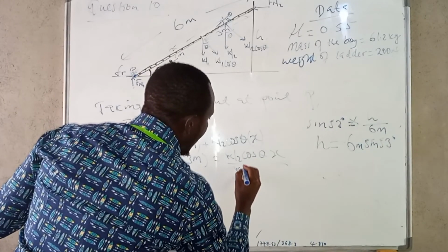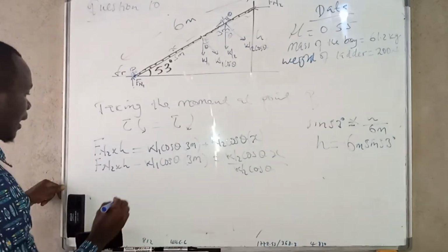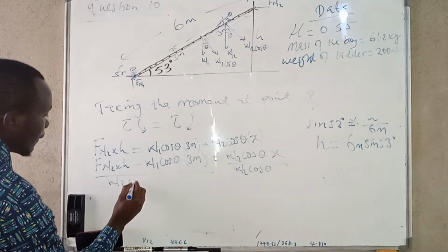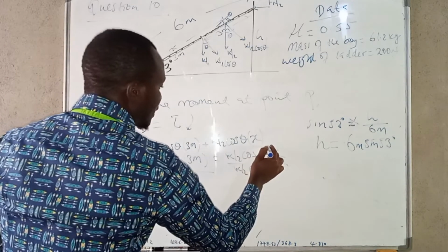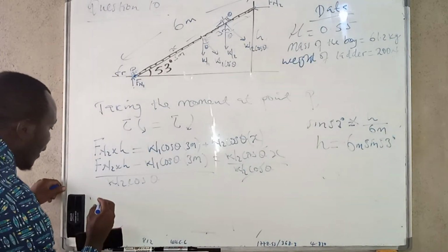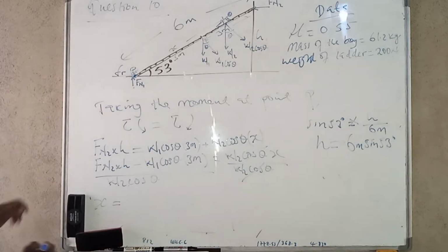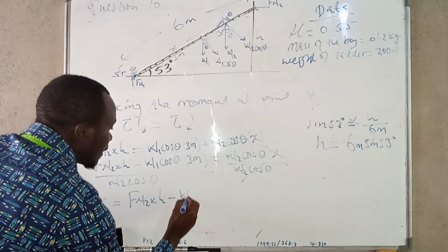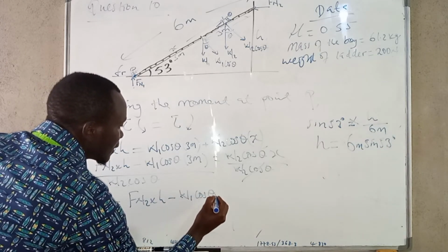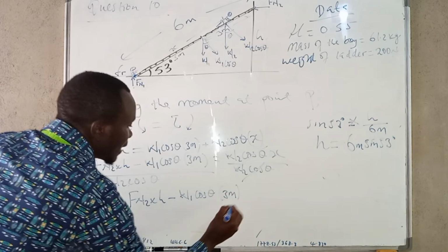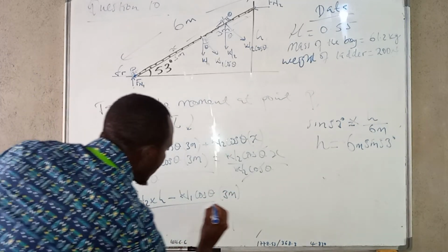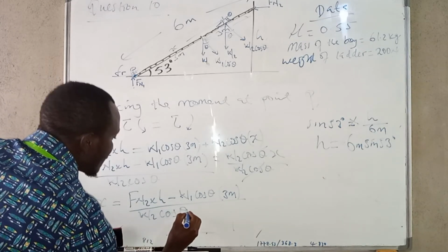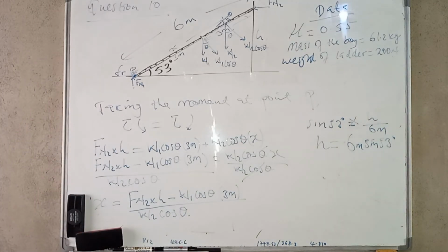So that we divide by weight 2 cos theta, so that this and this will go, and we are going to have x is equal to Fn2 times h minus weight 1 cos theta times 3 meters, everything over weight 2 cos theta. So we can now plug in the values.